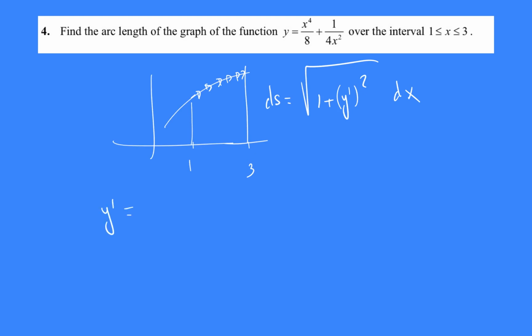The derivative of x to the 4th divided by 8 is 4 times x cubed over 8, which is 1/2 x cubed, plus minus, because the derivative of 1 divided by x squared, which is x to the minus 2, is minus 2x to the minus 3.